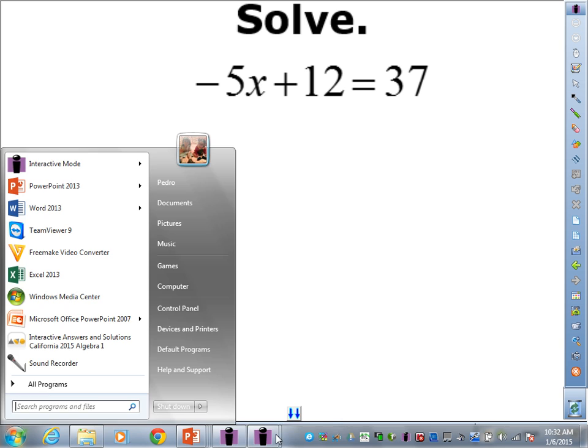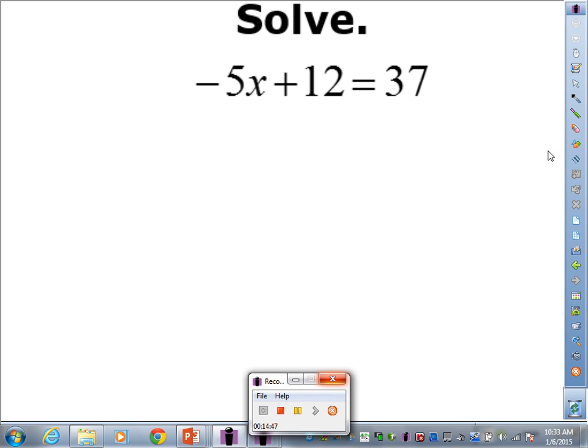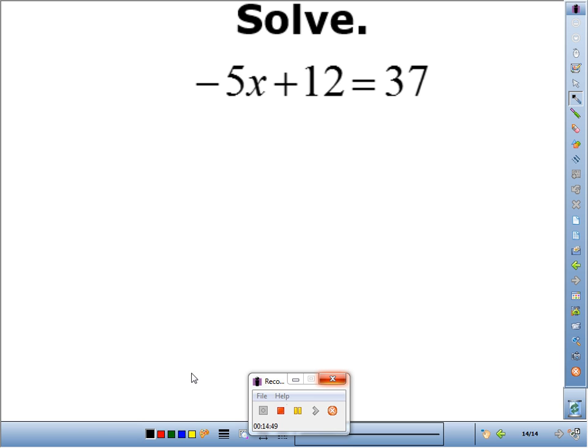Okay, here we go. Here goes the process for those of you that are already finished, to check your work. Line down the equal sign. Identify which side the variable is on: the left side. What operations do we have? Multiplication and addition. So where do I start? With addition. What is the inverse? Subtract 12.